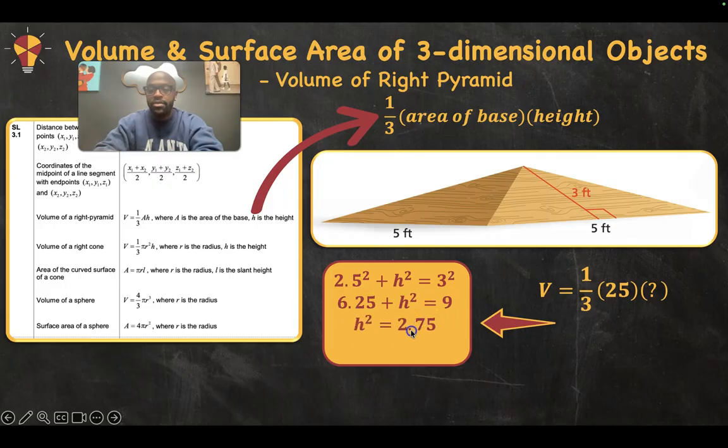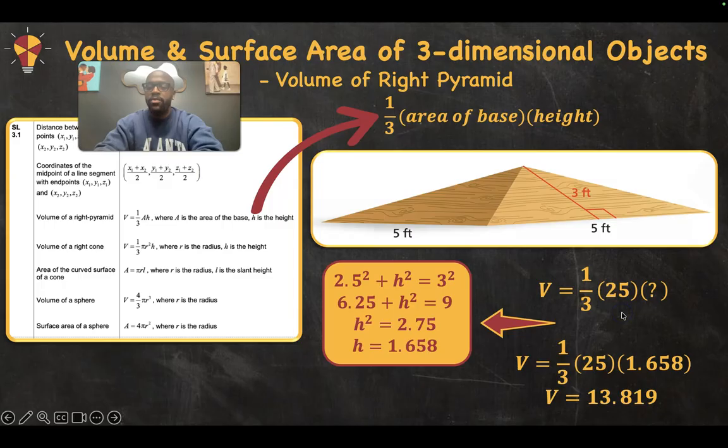And then we solve. Now, if you have a decimal as one of your initial points as you're evaluating, you just keep it as the decimal. All right, this will probably be a calculator question if they give you numbers looking like this. All right, so our height is 1.658. So we go ahead and plug that in and evaluate, and we'll get 13.819.